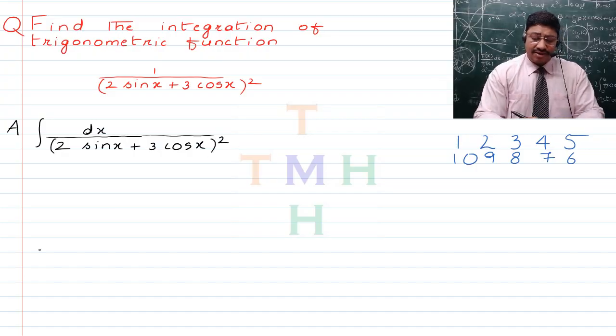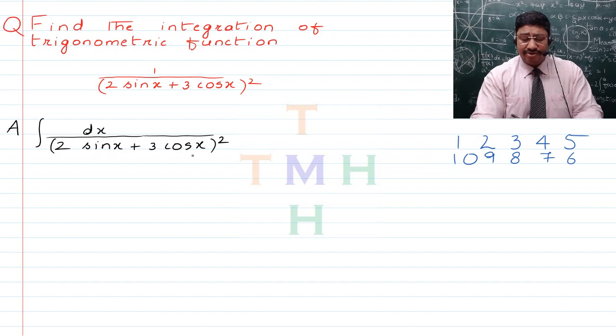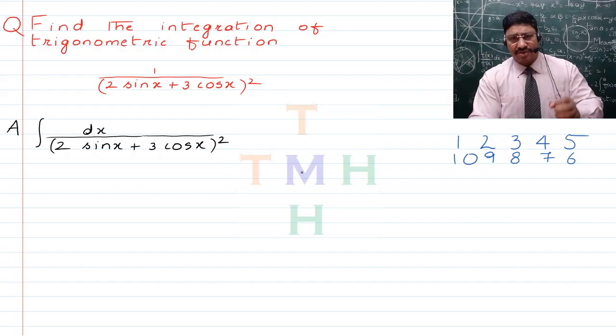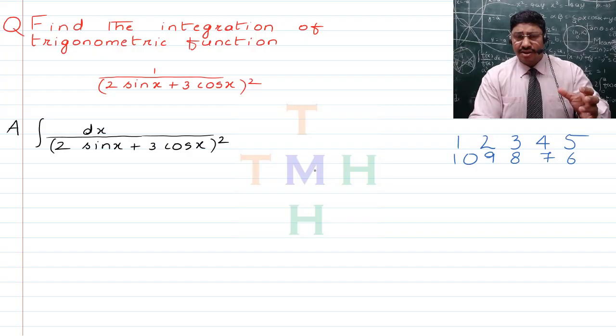Next, children, here we see that there are trigonometric functions in the denominator, and obviously this is a whole square function. When you expand it, this will become a trinomial, and there will be more problems. For that matter, always remember, if you have a rational function, it is best if you have the least number of terms in the denominator. Best obviously will be a monomial.